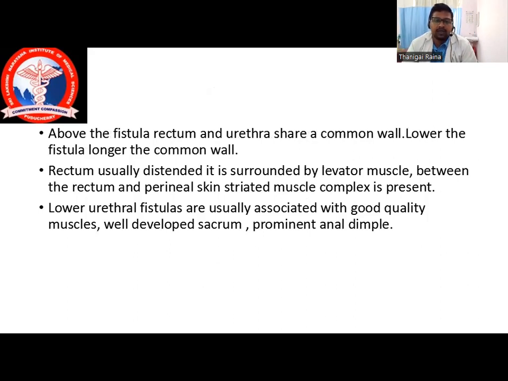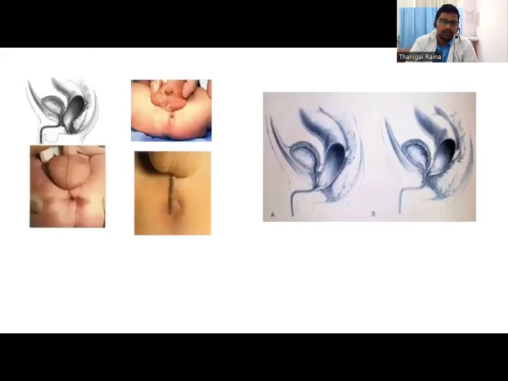Between the rectum and the perineal skin, a striated muscle complex is present. Lower rectourethral fistulas are usually associated with good quality muscles, because the sacrum is well developed and there is a prominent anal dimple. So these are the types of rectourethral fistula. You can see there is a rectoperineal fistula and there is a rectourethral fistula also.